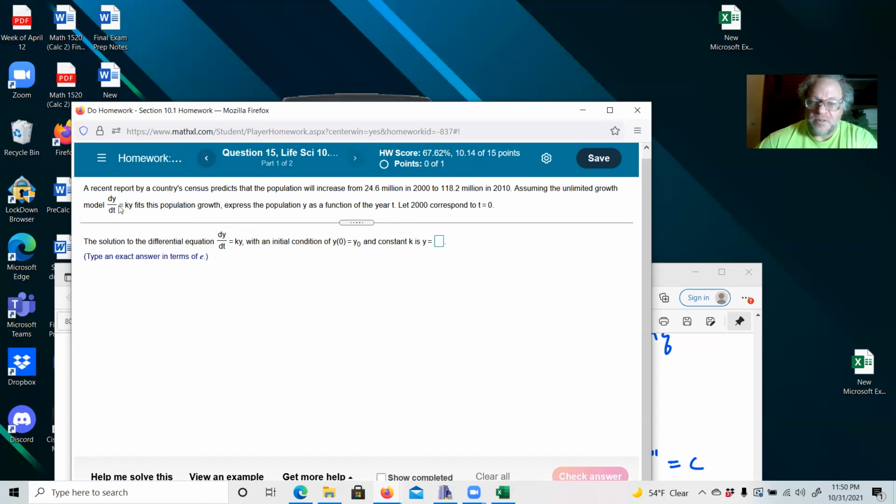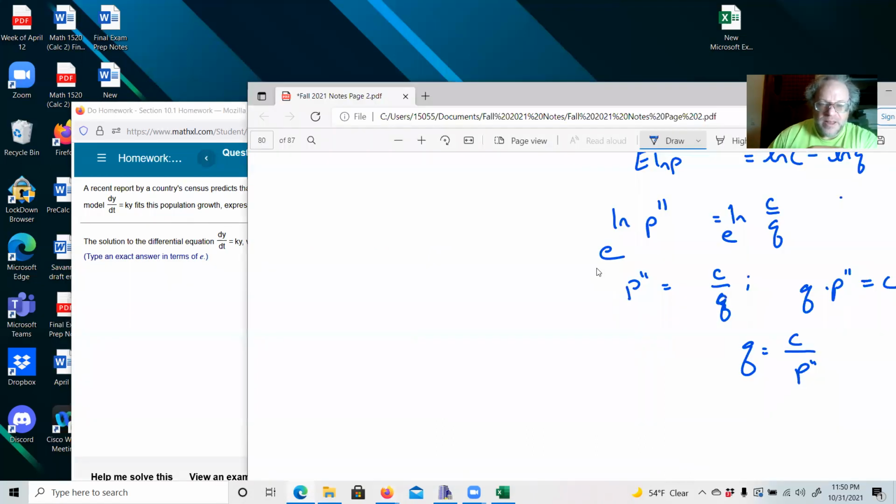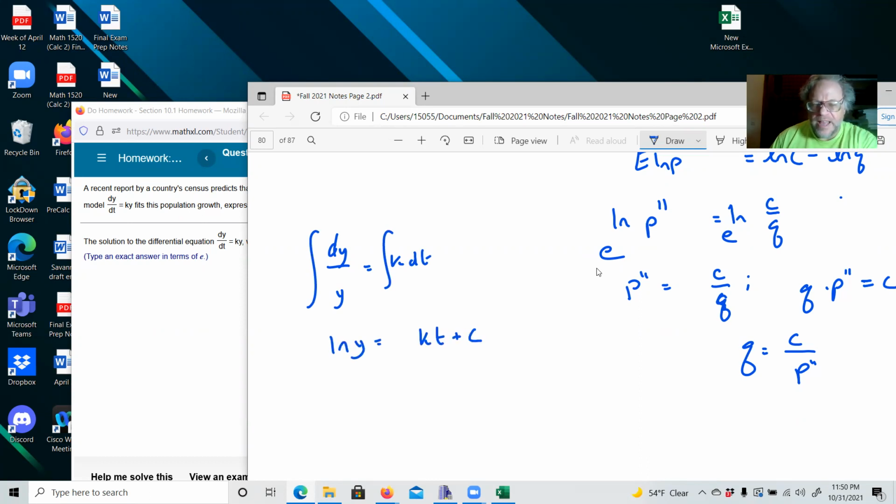But again, we're going to solve this differential equation. What it's going to do at the end, I will say this. You should notice that we're going to get dy over y is equal to k dt. When we integrate, we're going to get ln y is equal to kt plus c.